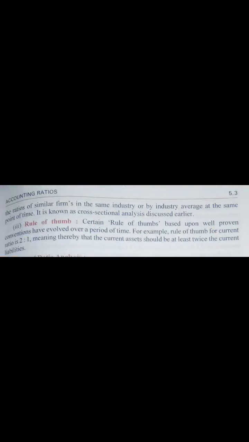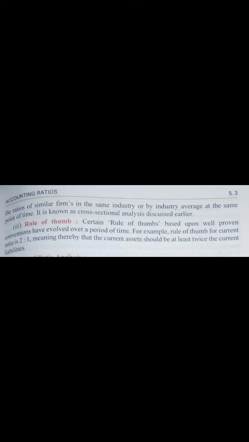And the third one is rule of thumb. That means some well proven conventions have been evolved over a period of time, as we can consider the case of current ratio. The current ratio should be 2:1. This would be the standard or benchmark, or we may say rule of thumb.